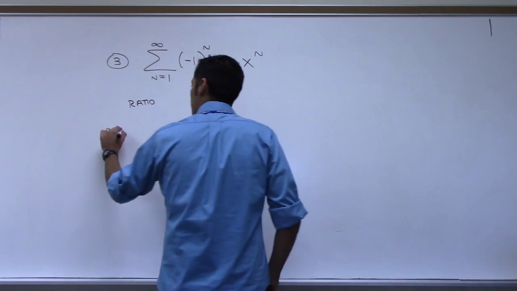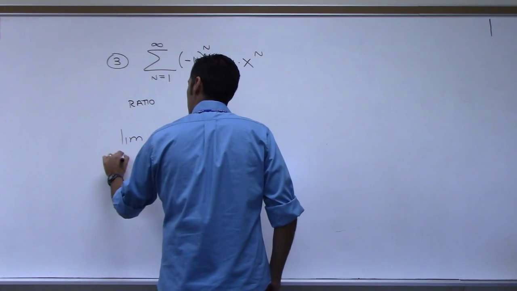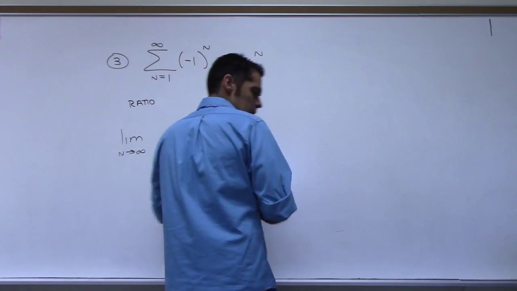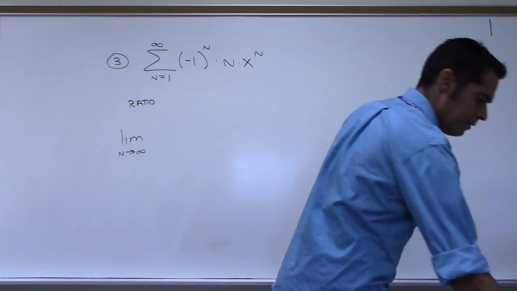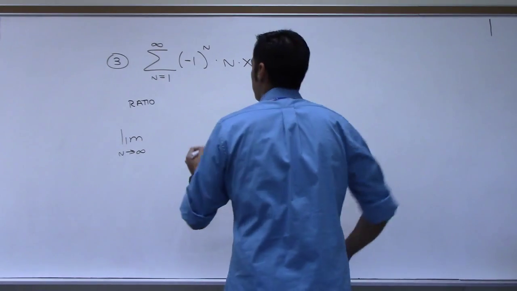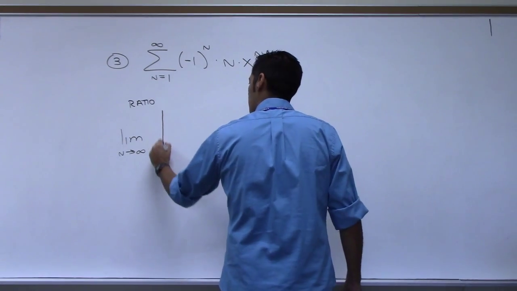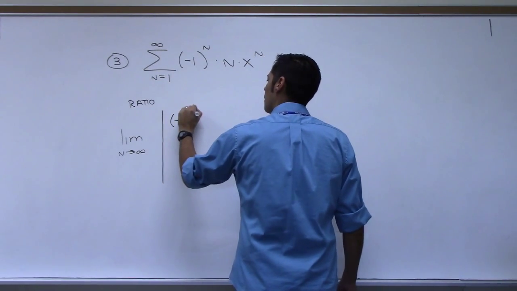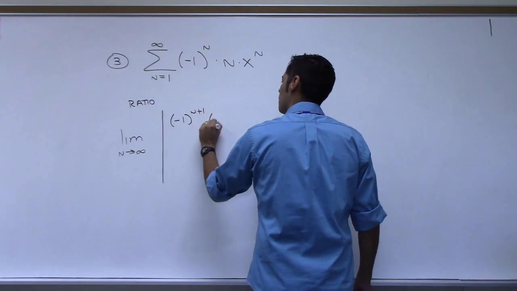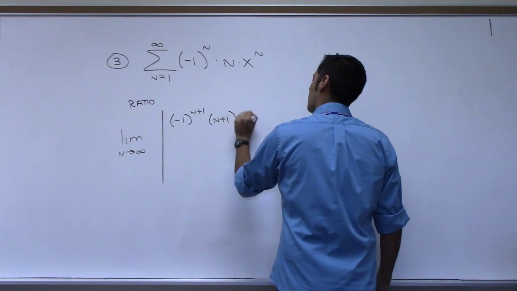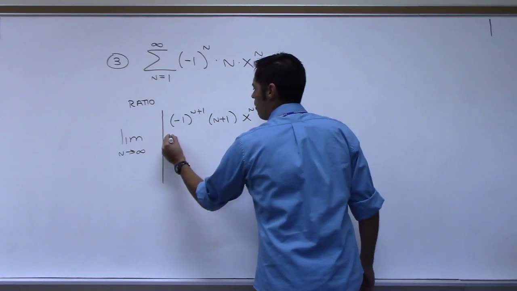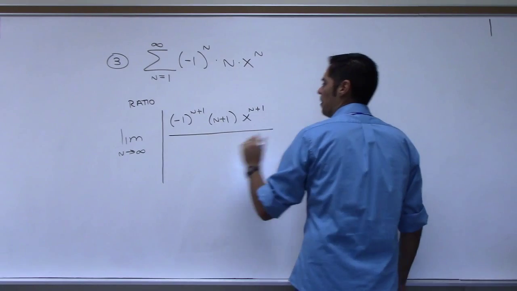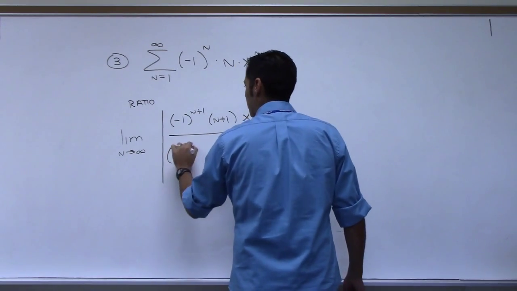So I'm going to take the limit as n goes to infinity of this with n plus 1 plugged in, over this with just n plugged in.